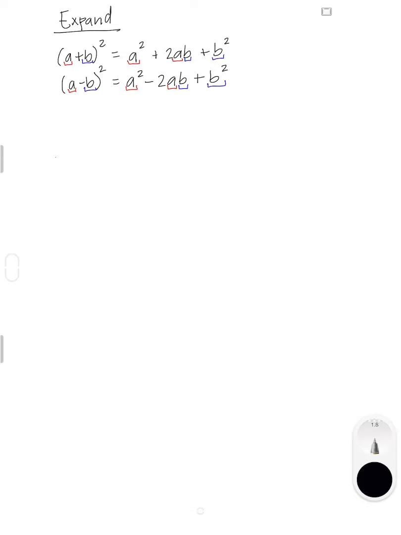So this is just a quicker way of solving this type of problem when you have a binomial that's squared. So let's say we have r plus 10 squared.